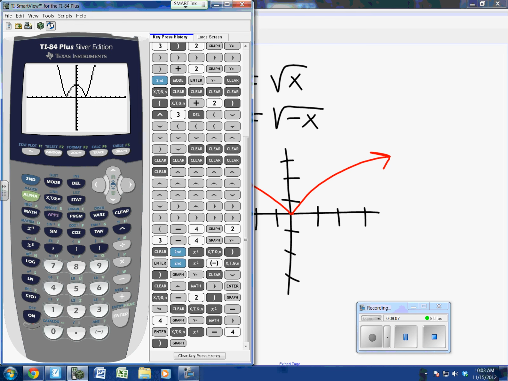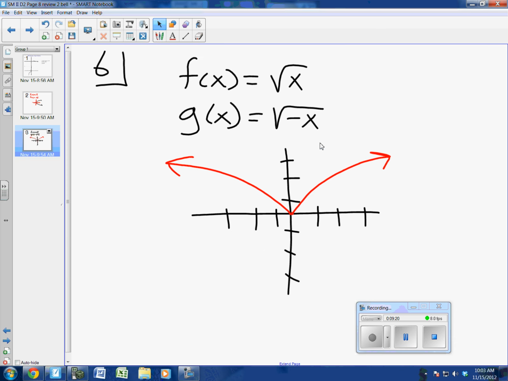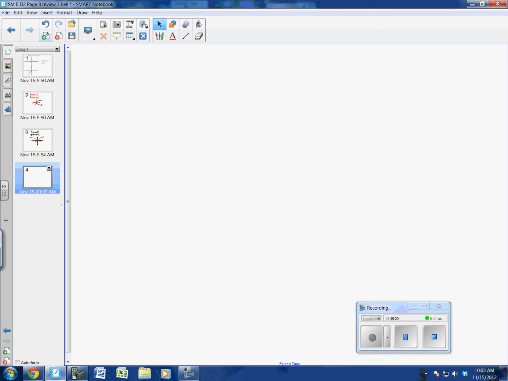Okay. Backside? Okay. 7 is what kind of function? It's what? I'm going to go back to this. It's not exponential. It's what we call a reciprocal function. F of x equals 1 over x.